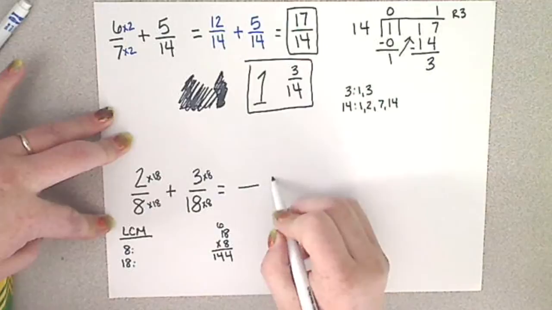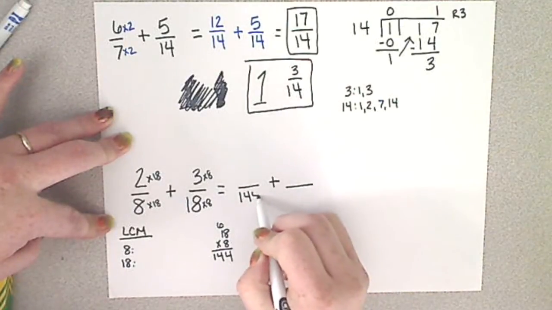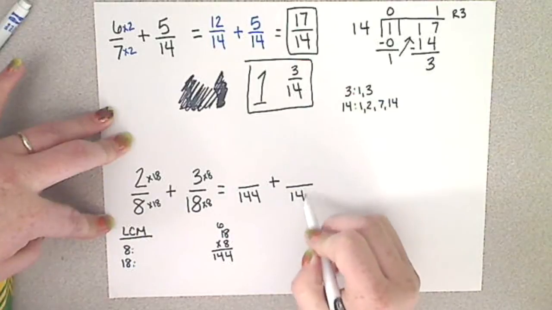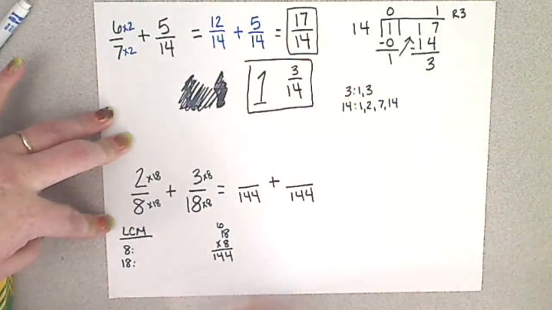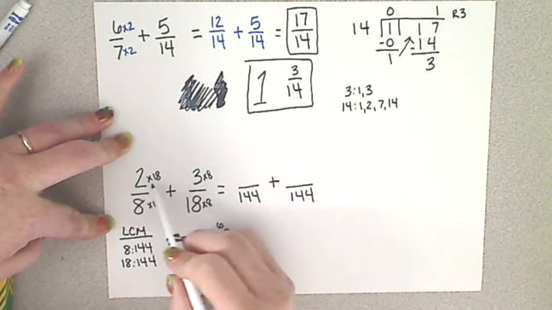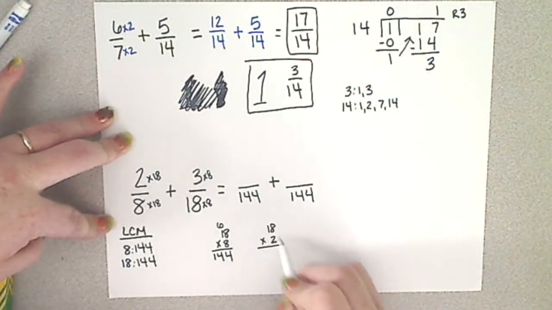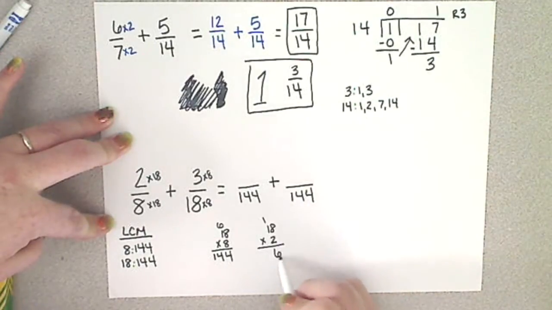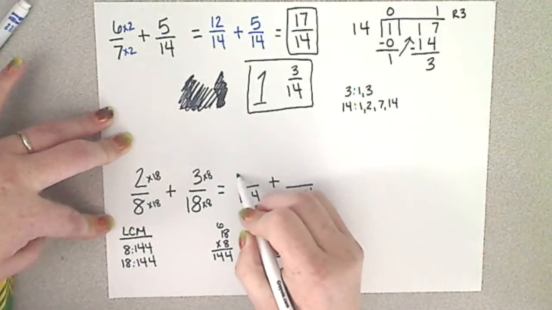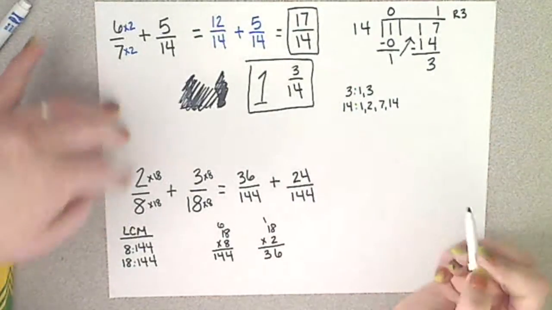So my new denominators are going to be 144, because the least common multiple is going to be 144. 2 times 18. I'm pretty sure I know what it is, but it never hurts to check. Yep, 36. And 3 times 8 is 24.